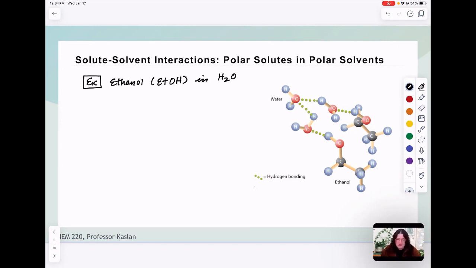Or if you're a biologist, maybe work in a microbiome lab, you've probably used ethanol to clean your benches before. So ethanol here is our solute, and it has the following structure. It is shown, let me highlight it. Let's do pink. Here's one unit of ethanol.